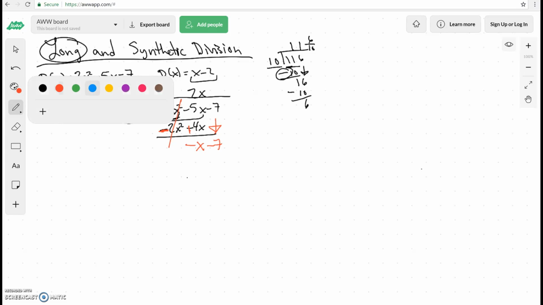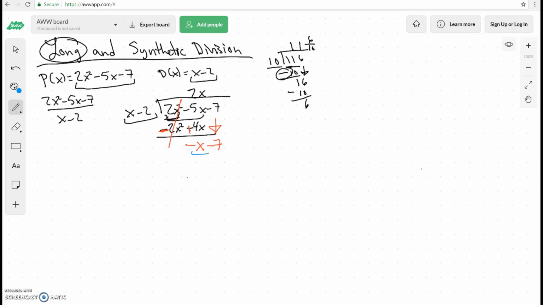So I want to get rid of this minus x. I should multiply by a minus x over here. Oh, I'm so sorry. I messed up. Okay, I want to get rid of this minus x. I have an x, so I'm going to multiply it by a minus 1, because 1 times x will give me a negative x.